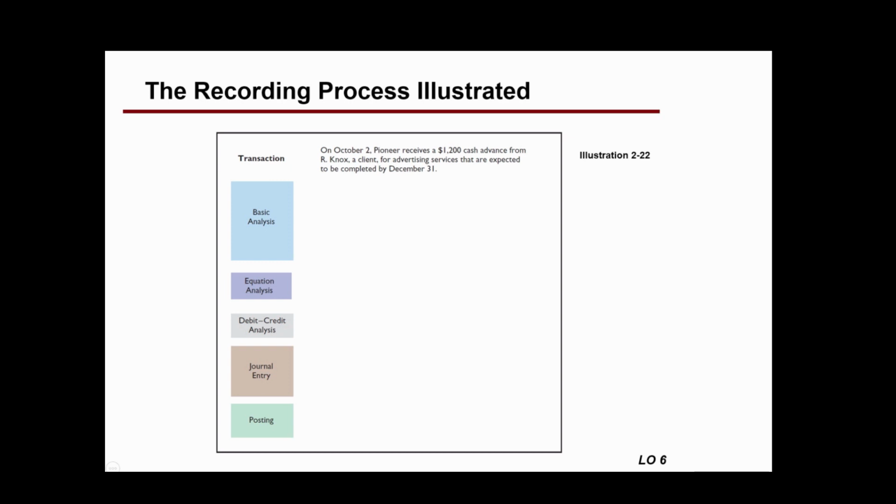They received cash in return for services that will be provided in the future. So, what are the accounts that were involved? Cash and liabilities? Yes. So cash and liabilities.